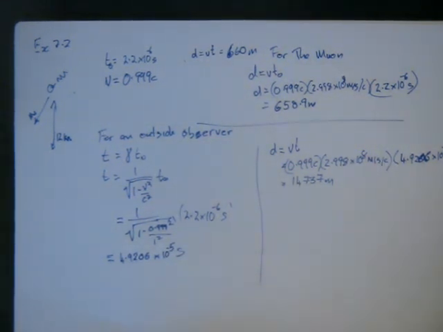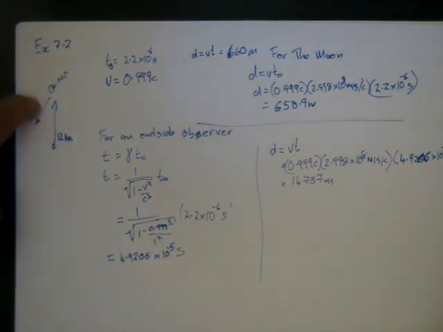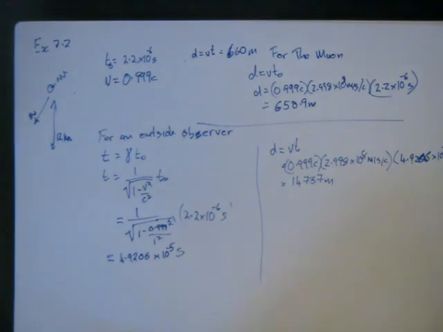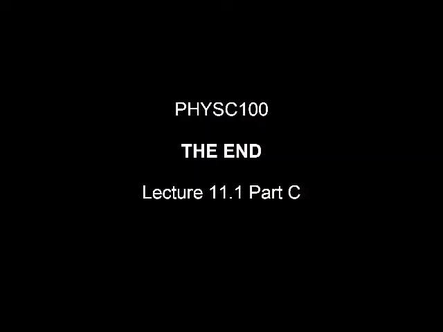The reason this happens is because the time for the muon and the time that we see it are different. Time exists at a different rate depending upon your velocity. And if that doesn't hit your brain, we'll try in the next one.